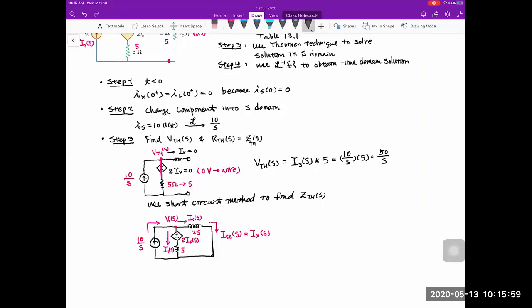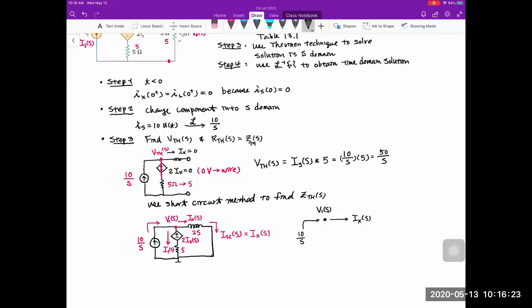Okay, so let's simplify this, make a note here. This is the V1 of S. The current coming from the left is 10 over S. Current going to the right is Ix of S. The current going down: now, how do you find the current going down?